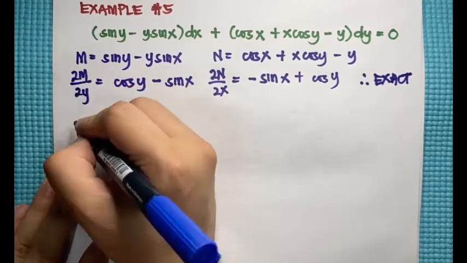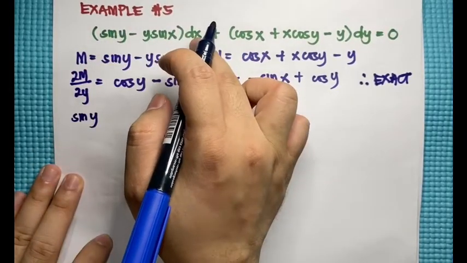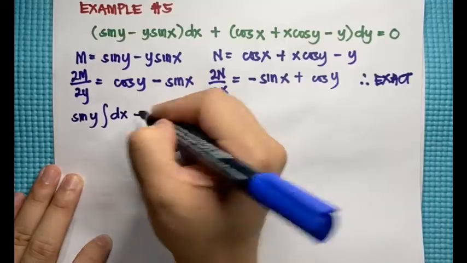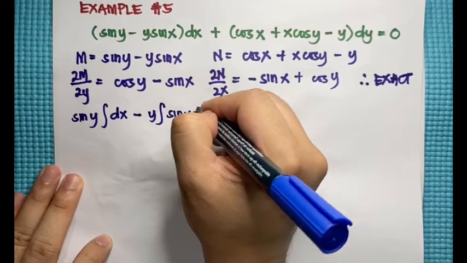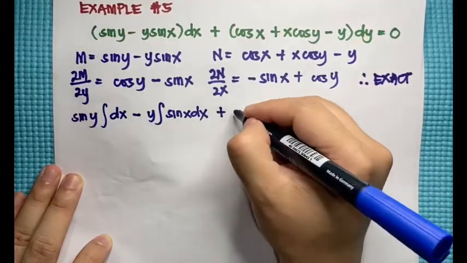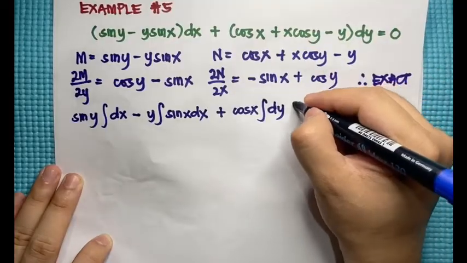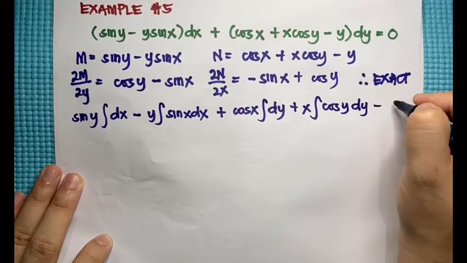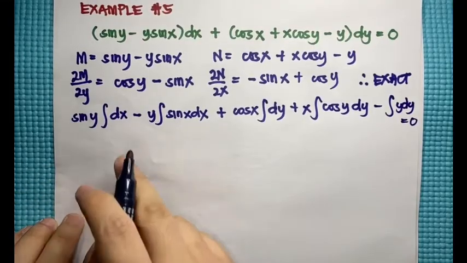To do that, since our differential is dx, I'll just have sine y, the integral of dx, then minus y, the integral of sine x dx, then plus, this time it's dy, so cosine x is constant, then dy plus x, the integral of cosine y dy, minus the integral of y dy, and that is equal to 0.